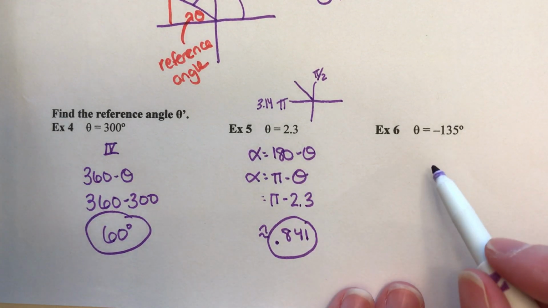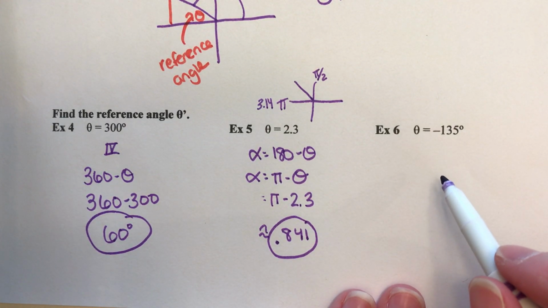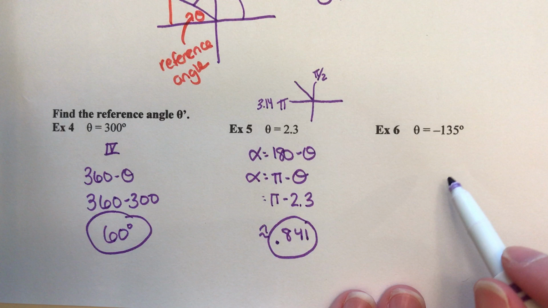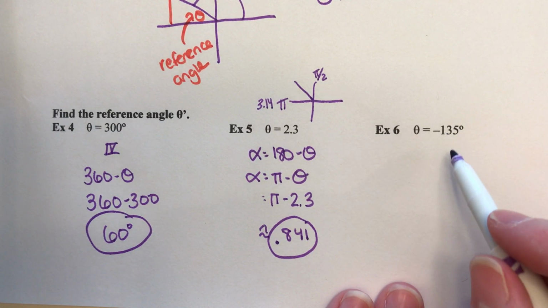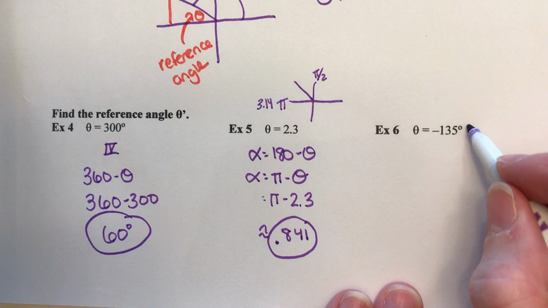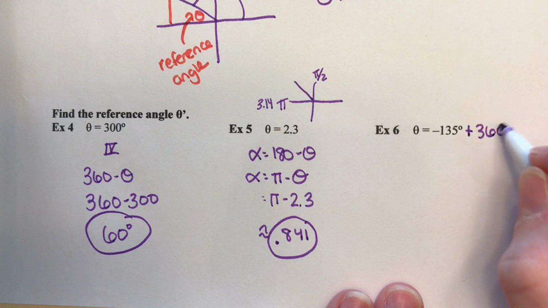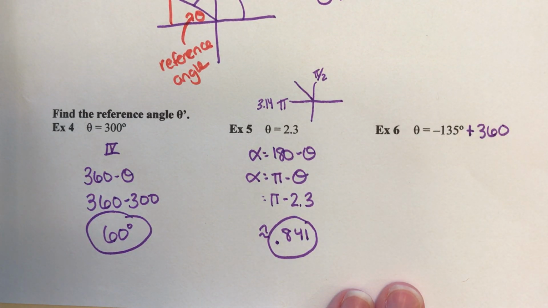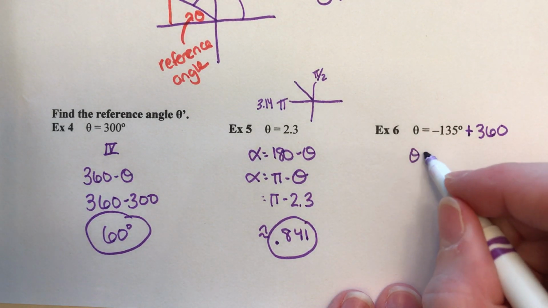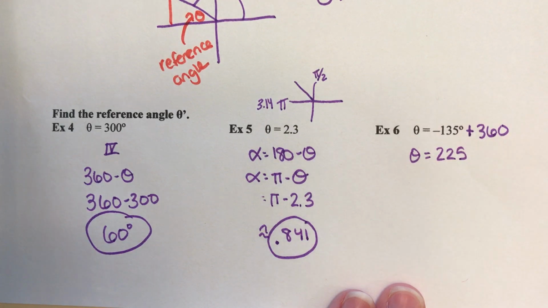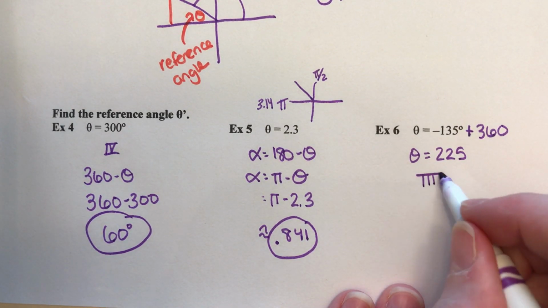Okay, number 6, negative 135. So that's definitely not an angle on a right triangle. So first thing I'm going to do is get a positive angle. I'm going to find a coterminal angle. I'm going to add 360 to that. That gives me 225. So 225 is in the third quadrant.